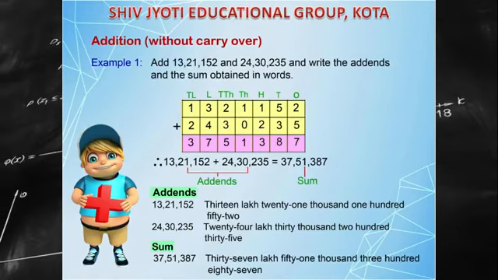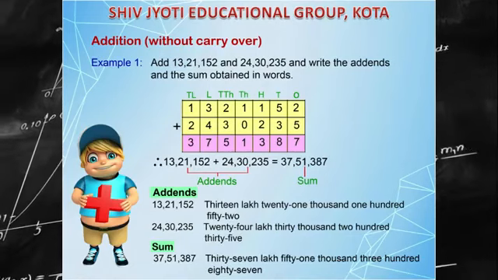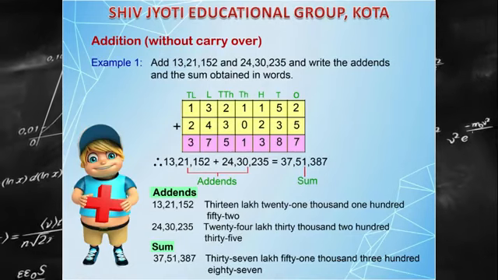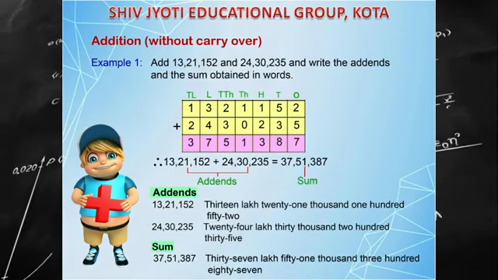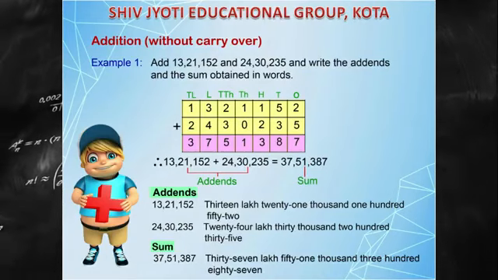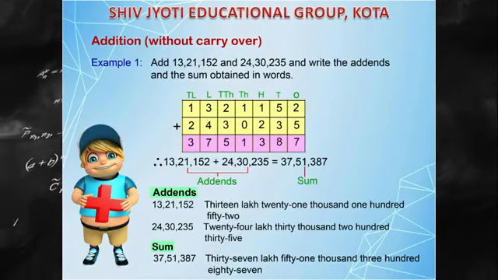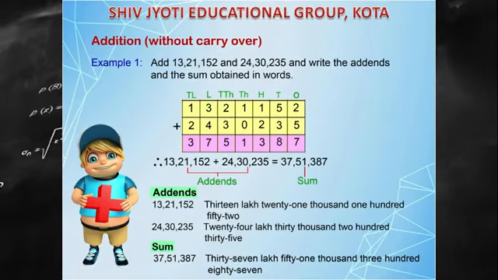So first, we will arrange the numbers in the place value chart. That is in the ones, tens, hundreds, thousands, 10,000s, lakhs and 10 lakhs columns. We start by adding the numbers in the ones column and then the tens and so on till we reach the 10 lakhs column.